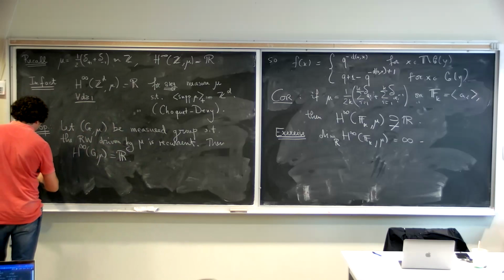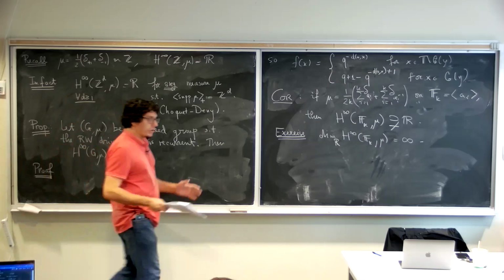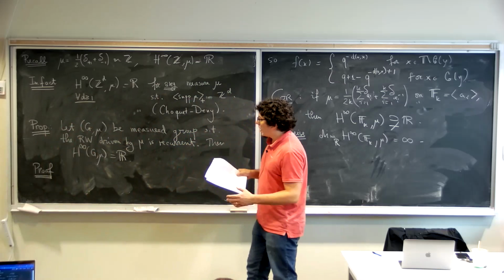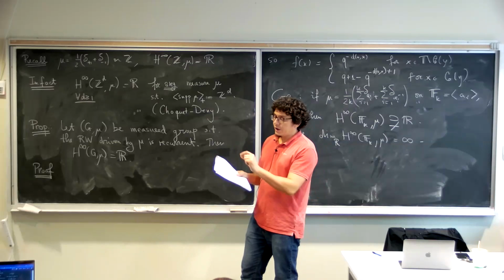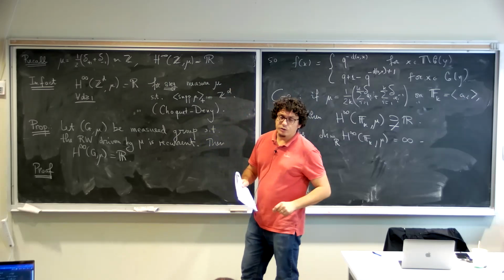So let's look at the proof. This is a probabilistic proof. Remember last time, when we wanted to construct the harmonic extension, we had a finite graph with boundary. We start somewhere, run the walk, and stop when we hit the boundary.